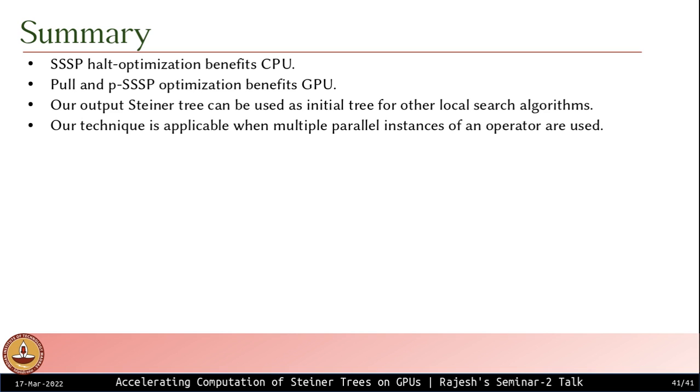Since we are able to produce a Steiner tree quickly, this tree can be used for other local search algorithms. One thing to remark here is our p-SSSP technique can be applied to every other place where multiple parallel instances of the same operator are being applied, wherever multiple operations need to be applied in parallel.